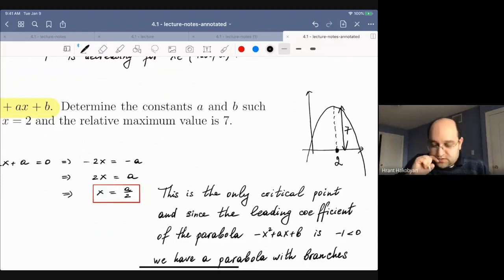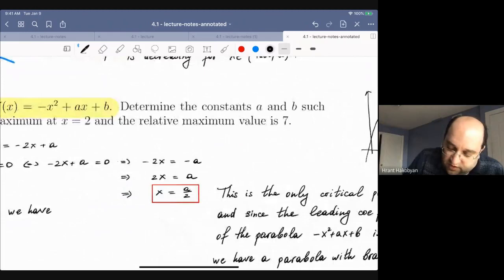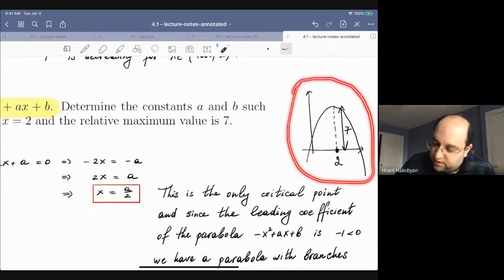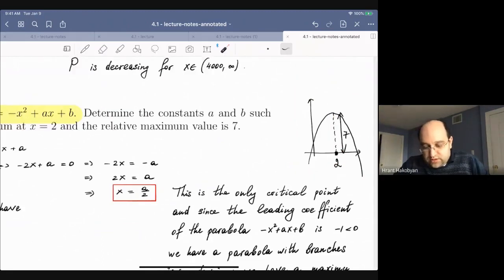Okay, so for that we have to figure out, the problem is to find the a and b, so this a and b, so that the graph looks exactly like this picture here, where I have the 2 here, the maximum is at 2, and the height here is equal exactly to 7. Okay, so how do we do this?